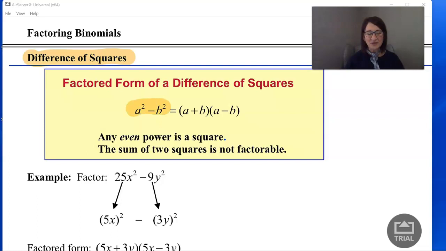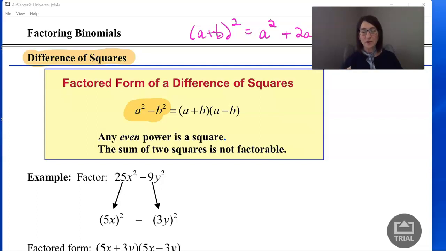And this one often gets confused with a binomial squared. So remember, we just finished a plus b raised to the second power, and that gave us a perfect square trinomial.